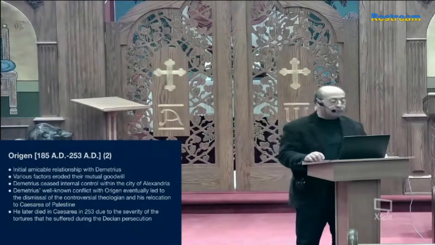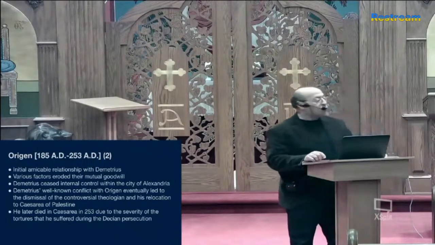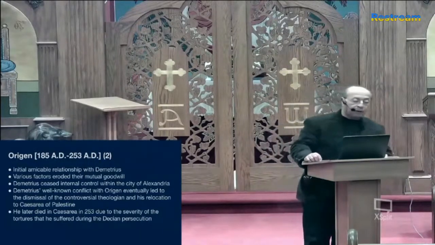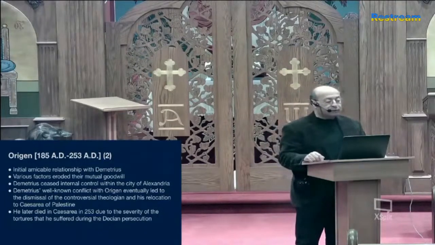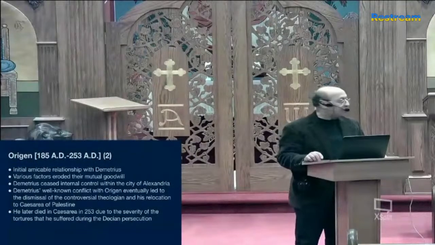Unfortunately, he was also subjected to a torture that we're not going to talk about. He was subjected to the Decian persecution, and he was injured and eventually died in the year 253. And he died as a scholar. He did not die as a saint or as a father.